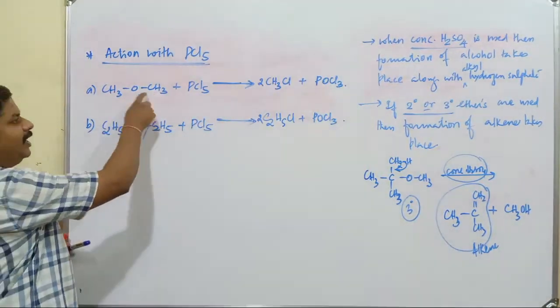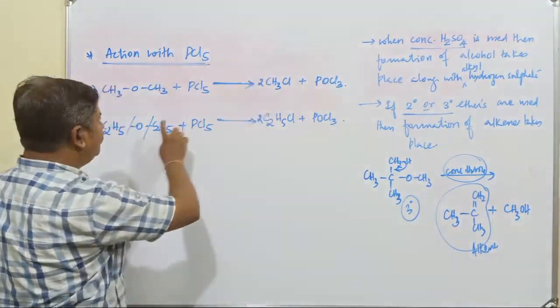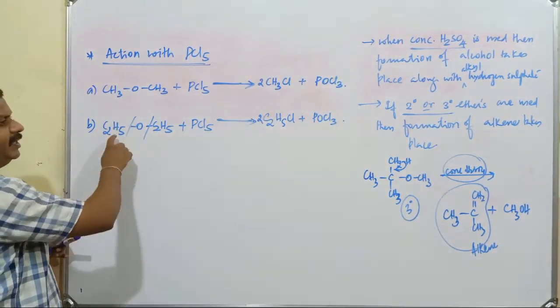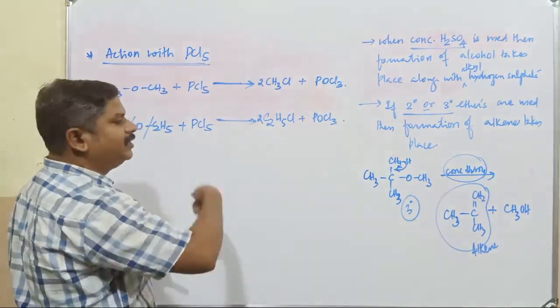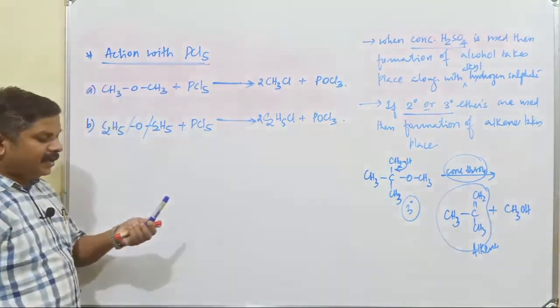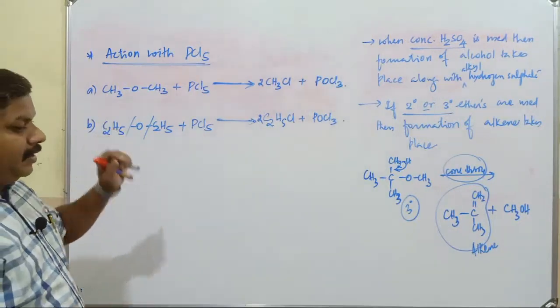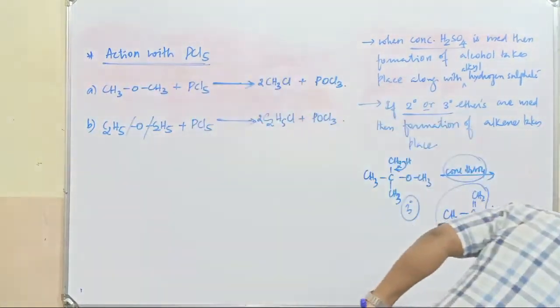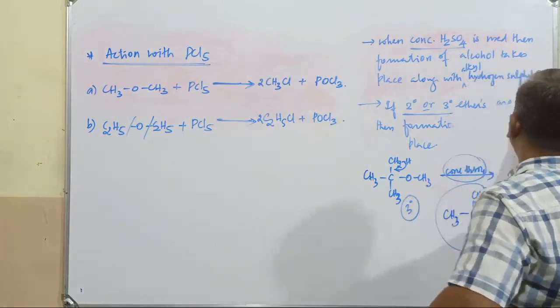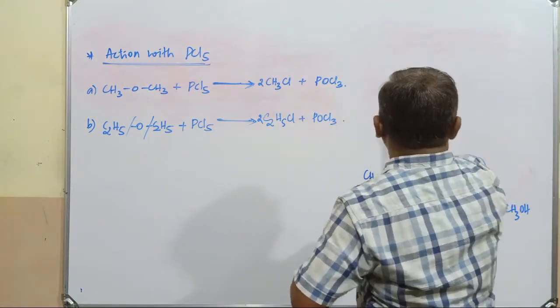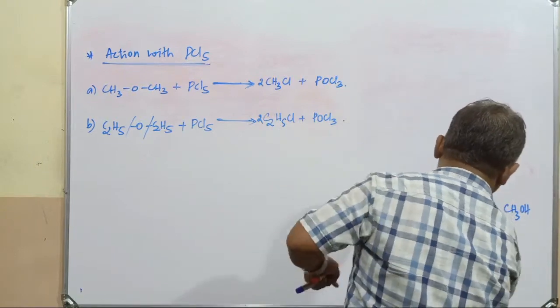If the 2 groups are different, CH3 and C2H5, formation of CH3Cl, C2H5Cl, and POCl3 takes place. In these reactions, the cleavage of which bond takes place? The carbon and oxygen bond.